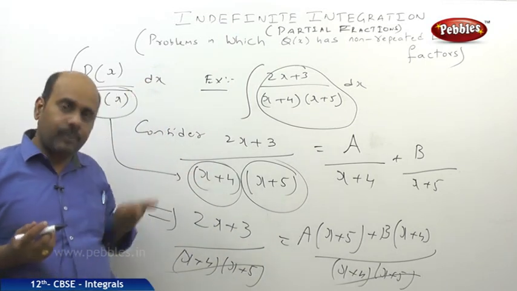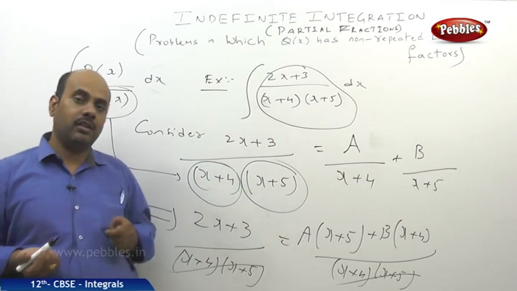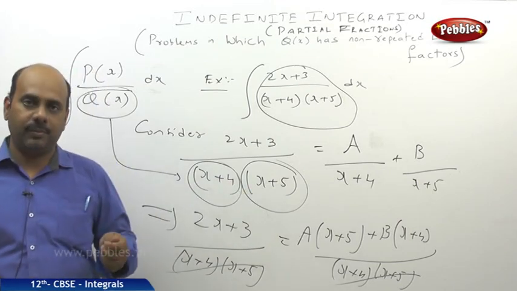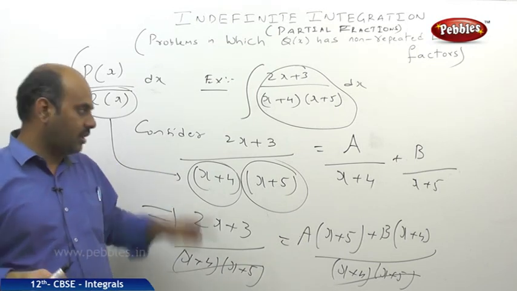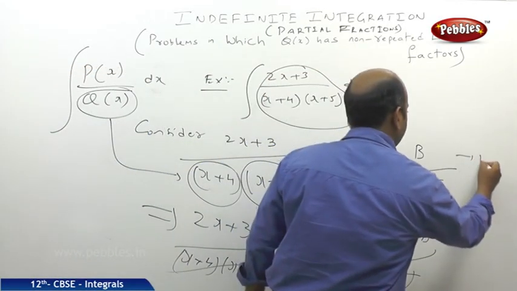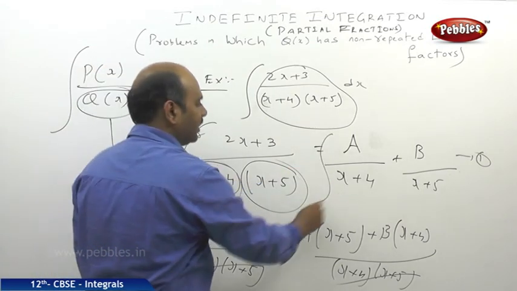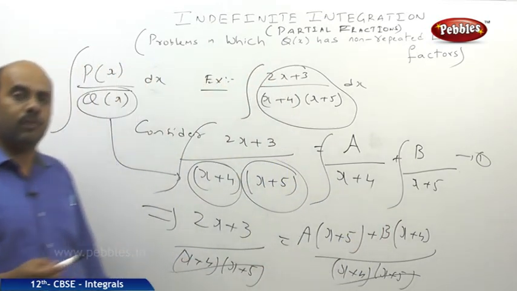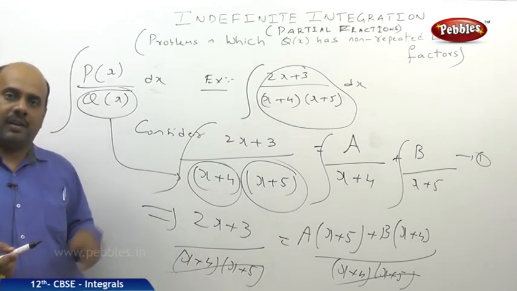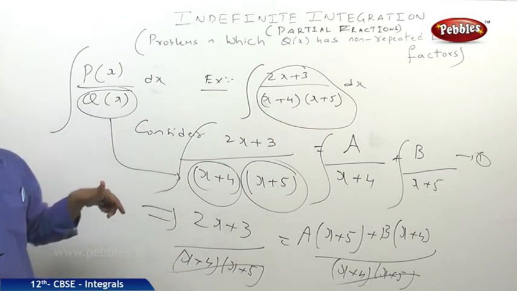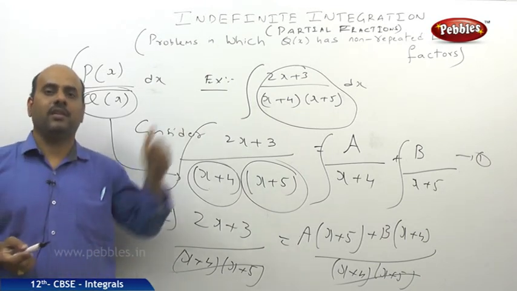We need to solve that expression to find the values of capital A and capital B. After finding them, we substitute in the equation and integrate with respect to x on both sides, which gives our answer.